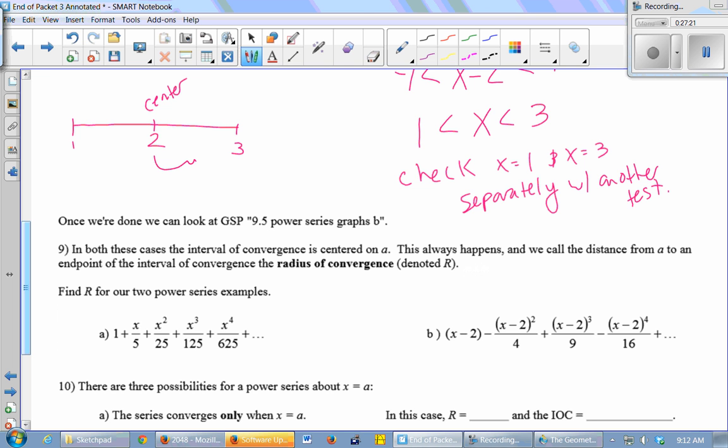So this distance we call R, the radius of convergence.